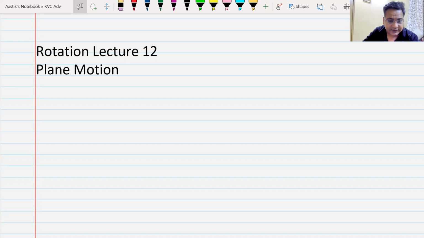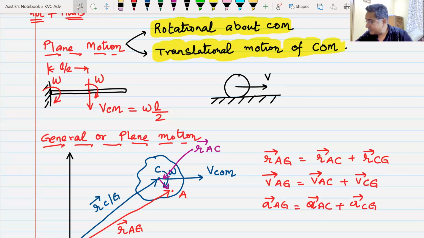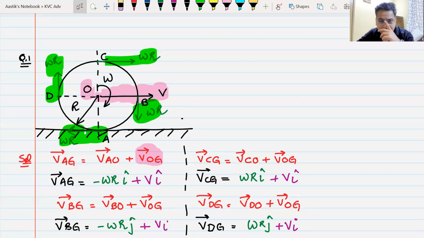What we discussed in the last class: I think we were discussing how any motion can be taken as a combination of rotational motion about the center of mass and the translational motion of center of mass, how we can find out the velocities of various points of a body in plane motion.